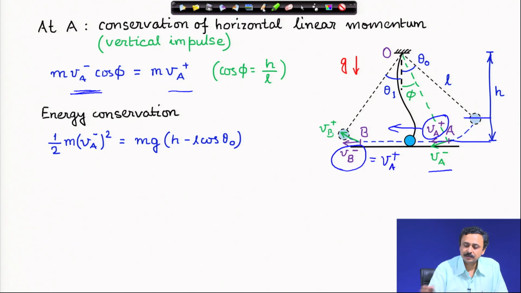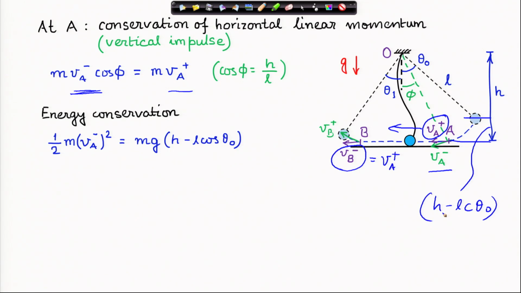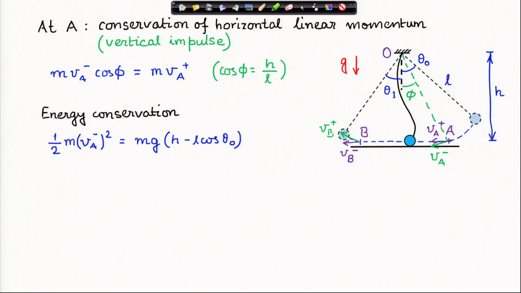Here I have marked this distance as h minus L cosine theta naught. Therefore, mg, and that is the datum, from datum I am measuring it. Therefore, I have mg times h minus L cos theta naught as the potential energy with which it started off, with 0 kinetic energy, and that is converted to kinetic energy and 0 potential energy. So, kinetic energy I can find out, therefore, V A minus I can find out.